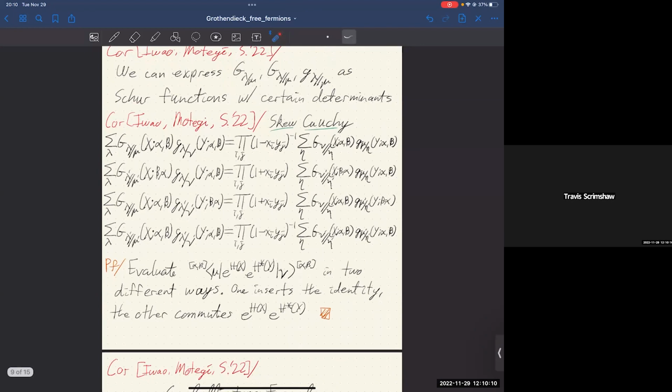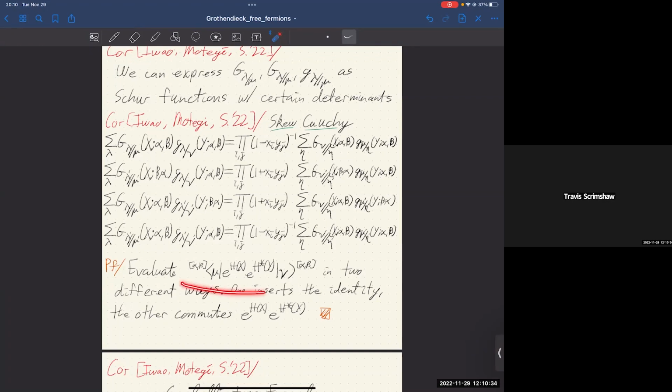And then we also get different forms of skew Cauchy identities. Well, these are all basically consequences of the first one by applying the omega involution on the x's or the y's, but we can also just prove them directly using the half vertex operators.